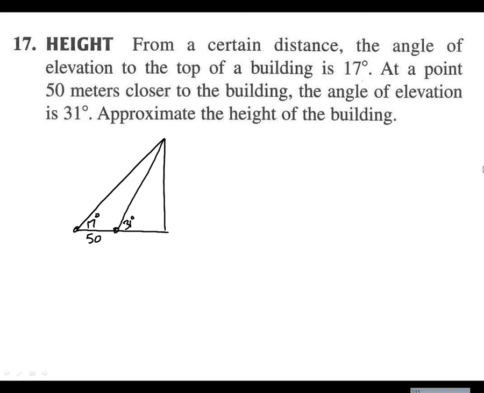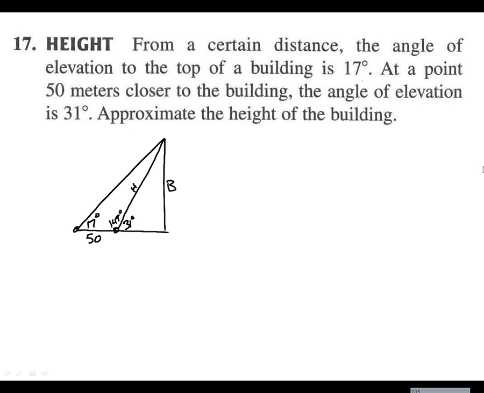Alright, so to get there we're going to need to find this hypotenuse, and from that we could find the height of the building over here. And we can do this pretty easily with the law of sines. We know that this angle is going to be 149 degrees, 180 minus 31.